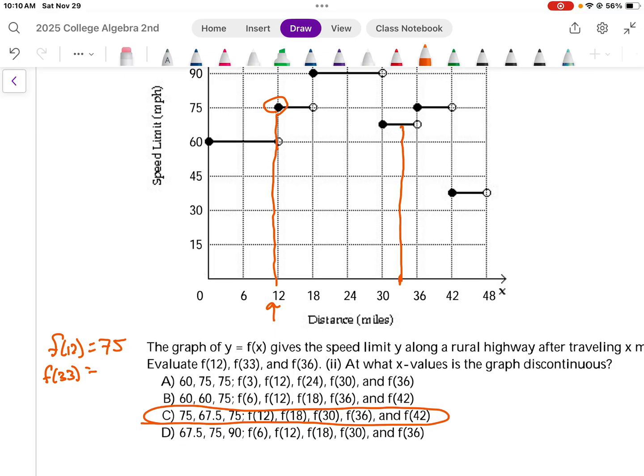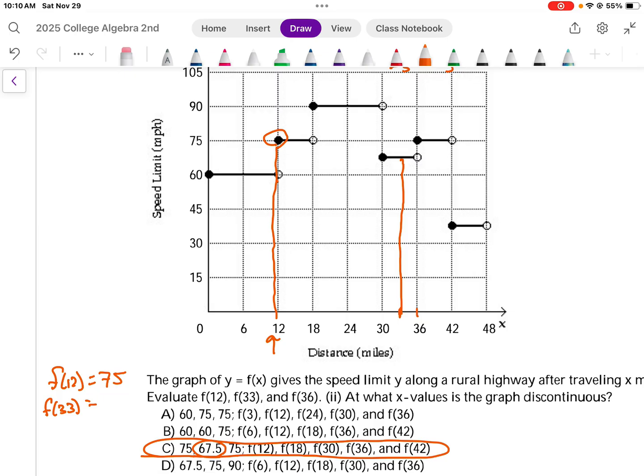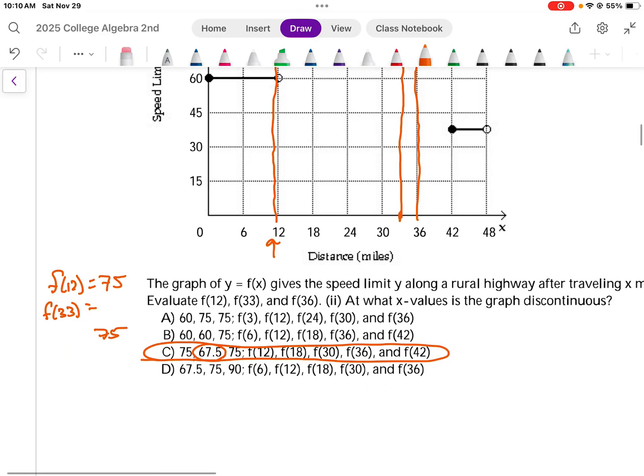Well, the difference is 15 miles an hour, and half of 15 is 7.5, so that's where they're getting the 67.5. Then the last one we can double check is f of 36. For f of 36, we would skip the open circle, go to the next closed circle, and that would be 75. So there's the answer we want.